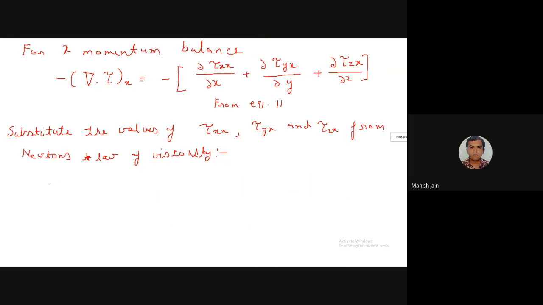So minus del dot tau x should be equal to minus in bracket del by del x in bracket minus 2 mu del vx divided by del x plus 2 by 3 mu del dot V.